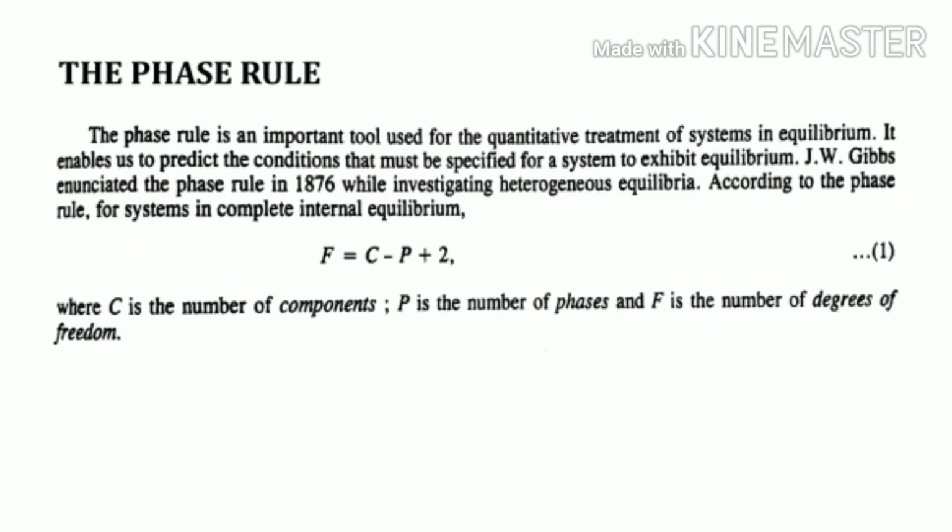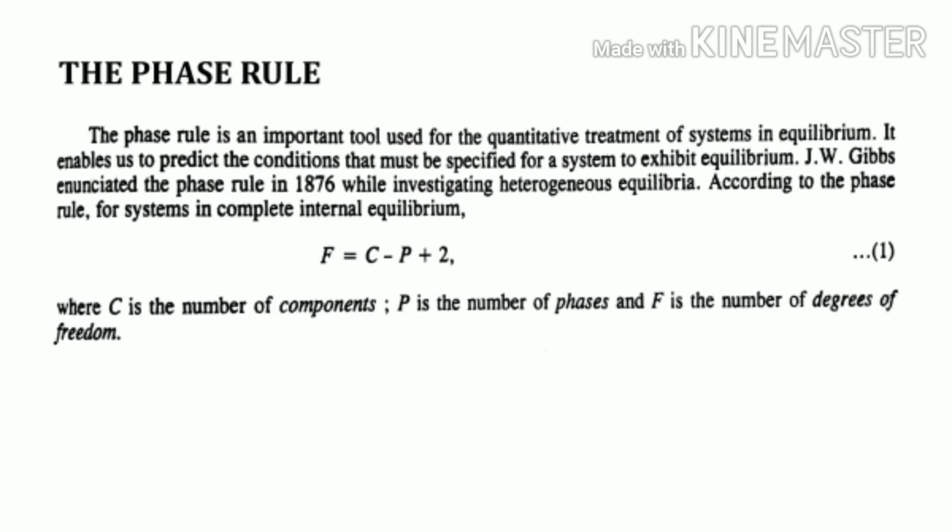Okay. Now let us see what the phase rule is. The phase rule is an important tool used for the quantitative treatment of systems in equilibrium. It was introduced by J.W. Gibbs in 1876 while investigating heterogeneous equilibria.